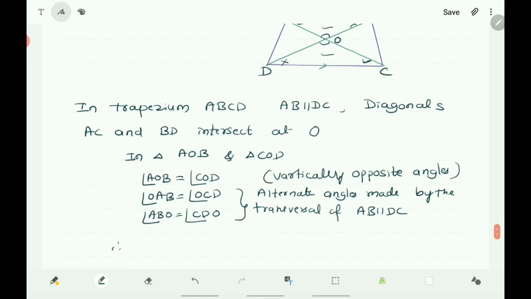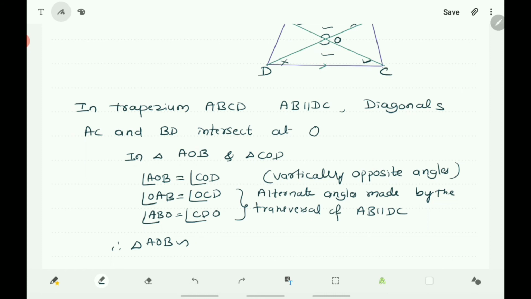Therefore, you can write triangle AOB is similar to triangle COD.